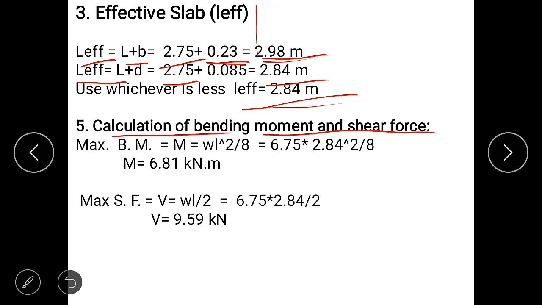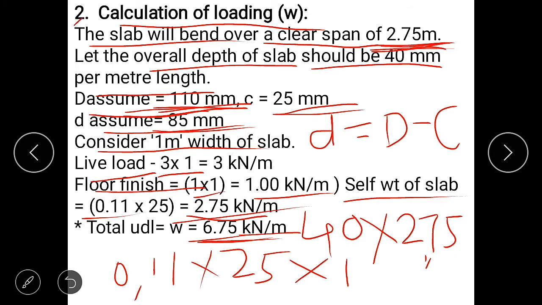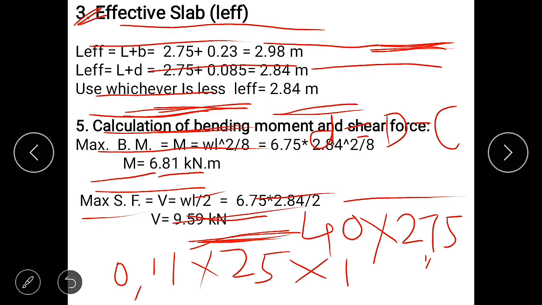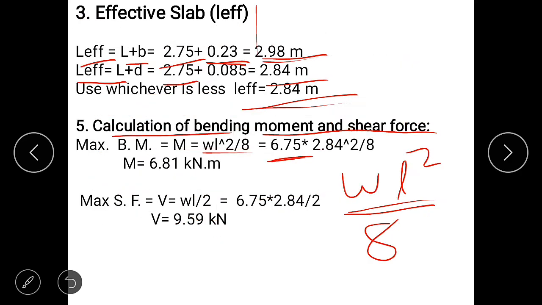Here the slab is simply supported. For simply supported slab, the formula to calculate moment is WL square by 8. W, in second step we calculated, is 6.75 kilonewton per meter.